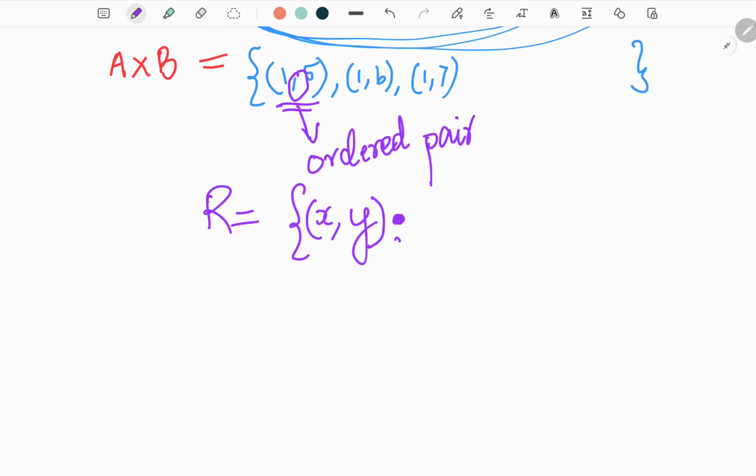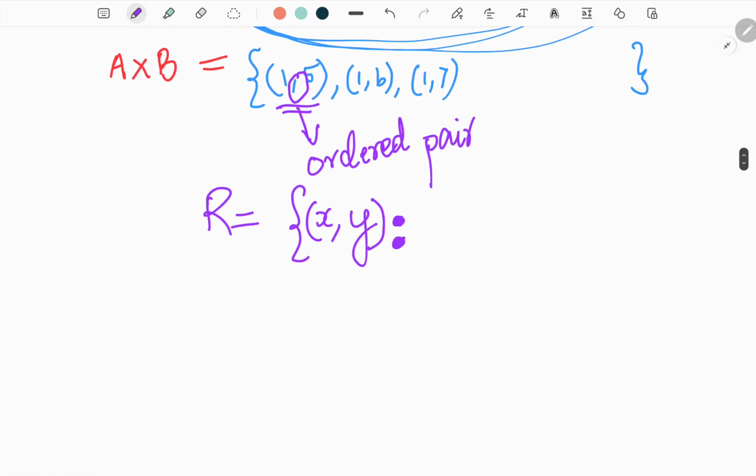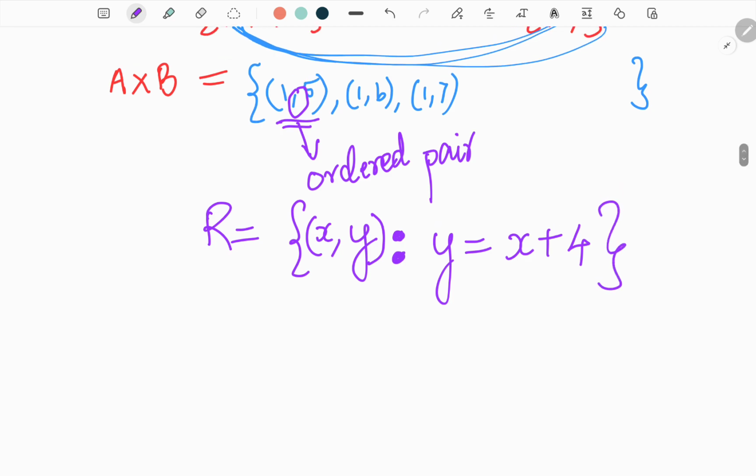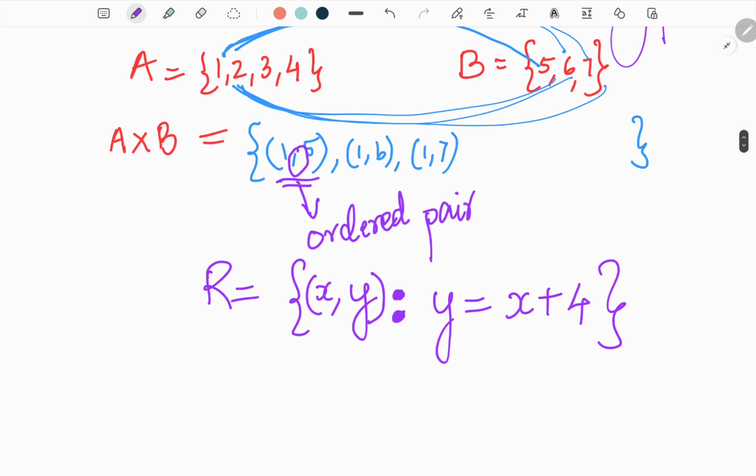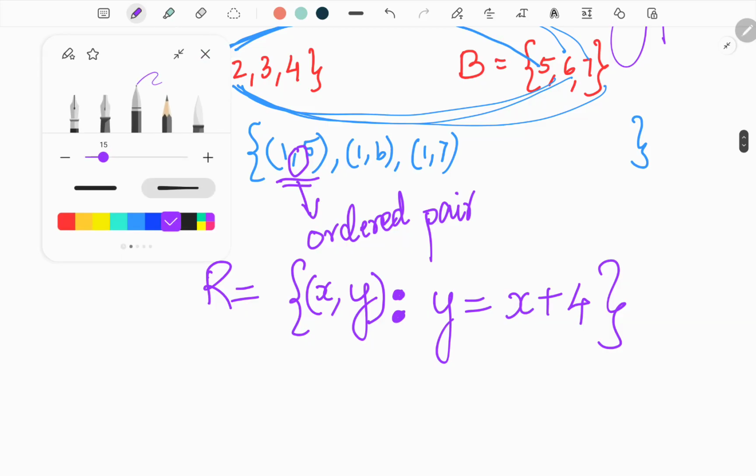Now the condition I'm going to write by putting a colon, and what is my condition? My condition is y = x + 4.